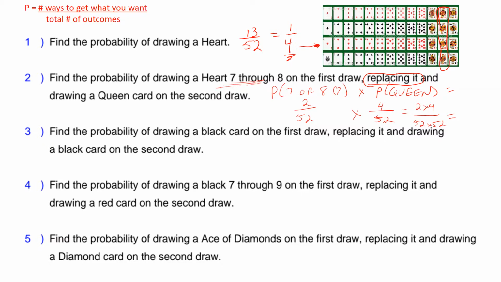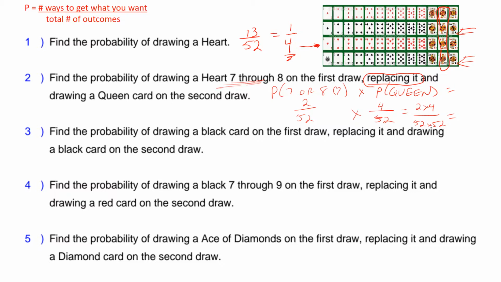Number 3, the probability of drawing a black card on the first draw, replacing it and drawing a black card on the second draw. Well, the black cards, if we look, this whole row right here, those are the clubs. Those are all black, and this row right here, those are spades. They're all black. So there's 13 in each suit.